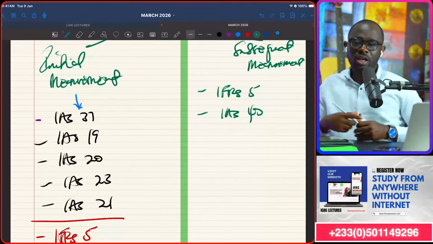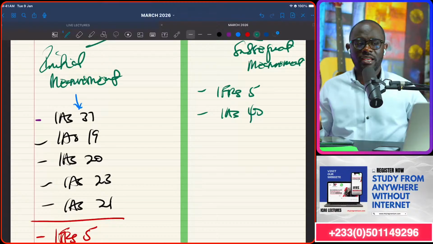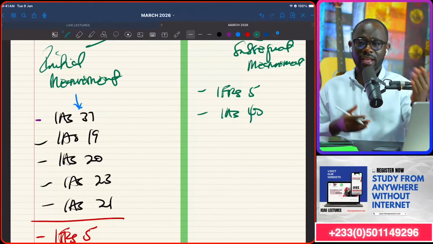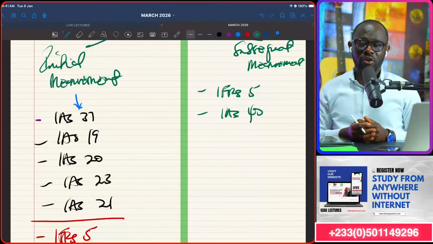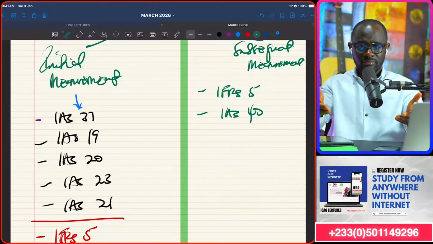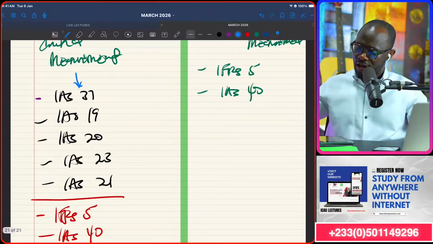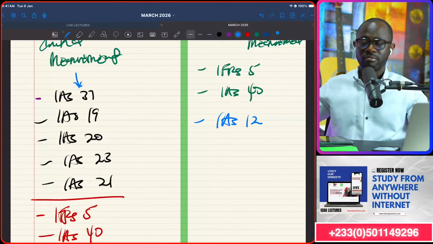Subsequent measurement. Or the entity is using an asset, then all of a sudden the entity says they don't want to use the asset again, and it meets the recognition criteria as a non-current asset held for sale in accordance with IFRS 5. How do we treat it? On subsequent measurement. Then we're going to have IAS 12, income tax.